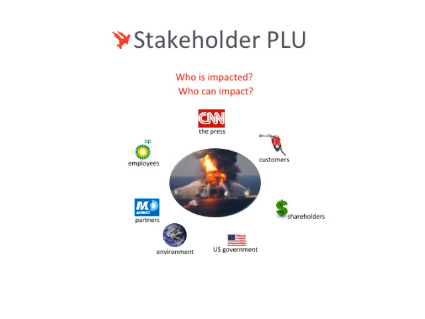And there's customers, there's shareholders, there's the U.S. government, there's the environment itself, there's BP's partners, there's employees. All of them have a different relationship to BP in this situation and can influence or be impacted by the outcome of this situation differently. We could add more stakeholders here. There are many. But this is a good start.